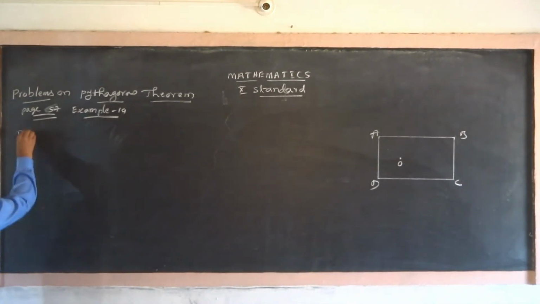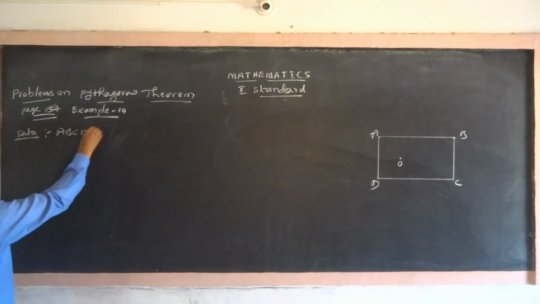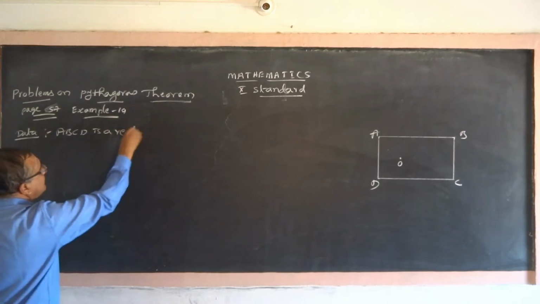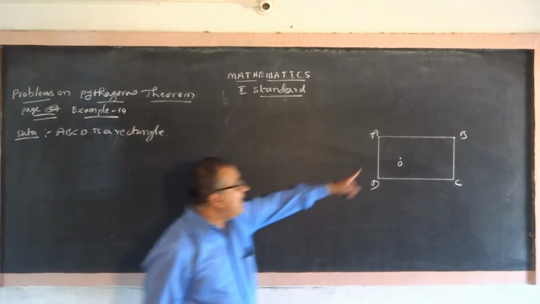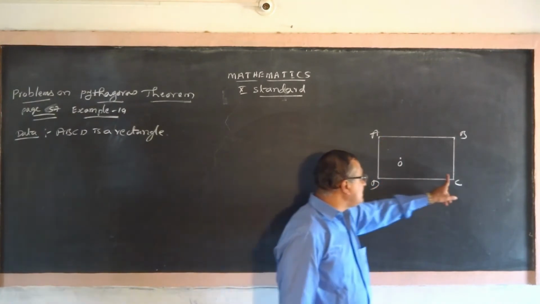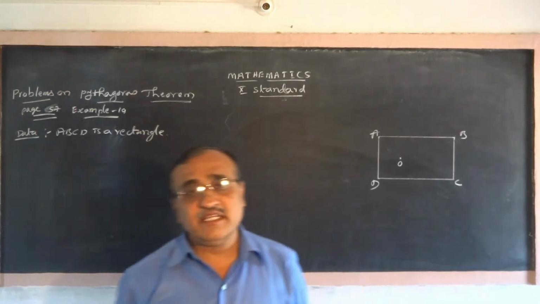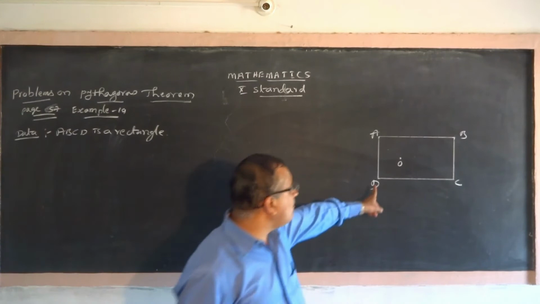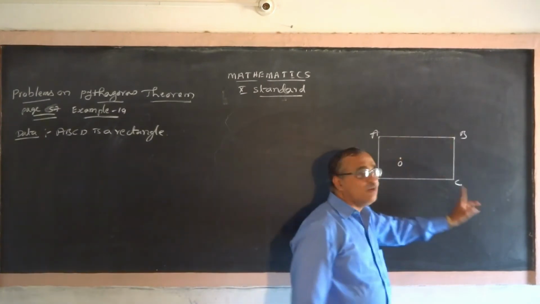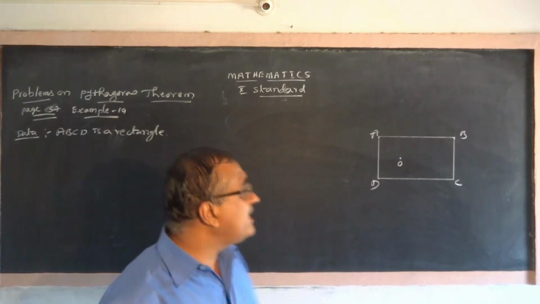Data. What is data? ABCD is a rectangle. If ABCD is a rectangle, angle A equals angle B equals angle C equals angle D equals 90 degree. Now diagonals are equal, but we do not need that here.